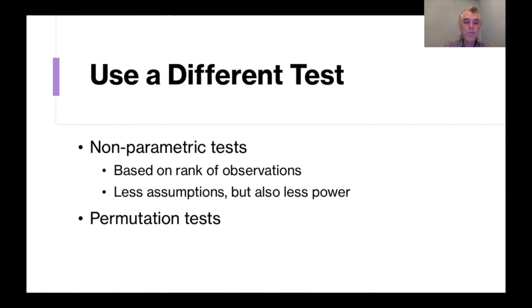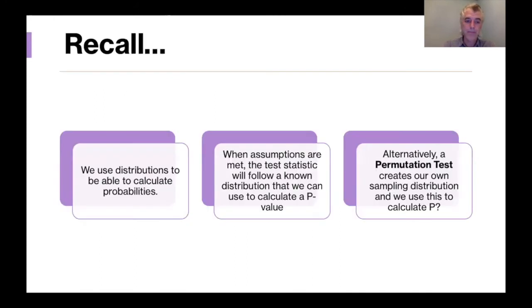An alternative framework from non-parametric tests that we might use to calculate a p-value are what are called permutation tests. So if you recall, the reason we use distributions is to be able to calculate a p-value.